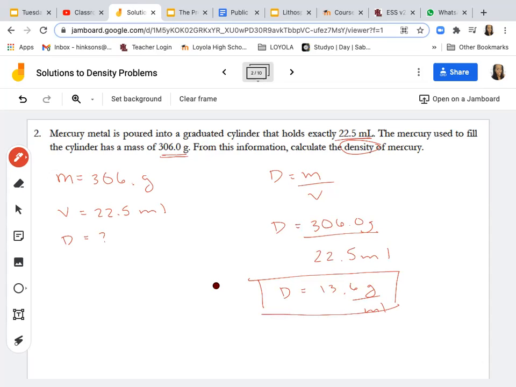And listing what you have and what you're looking for helps you go to your formula sheet and figure out what formula you're going to use. That's why I'm getting you in this habit, because if you're going to do chemistry, you're going to have a whole 2 pages of formulas. So again, listing what you have and what you're looking for lets you sift through the formulas and say, oh, this is the formula that I'm going to use because this is what I have and this is what I'm looking for. Yes, Rocco?